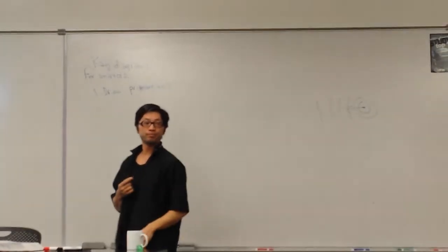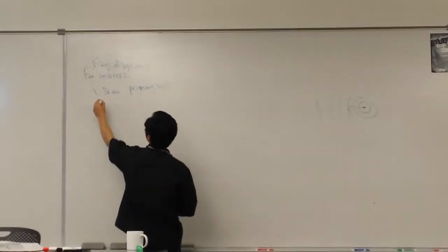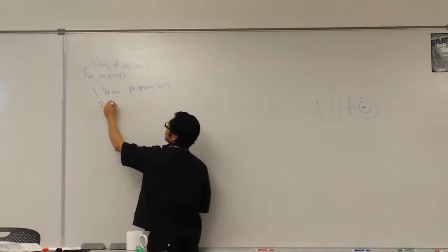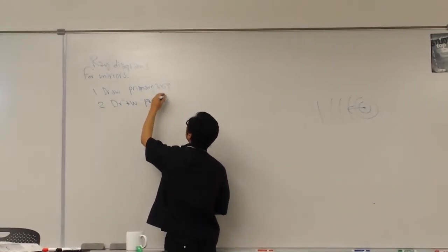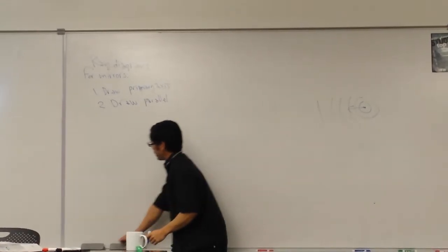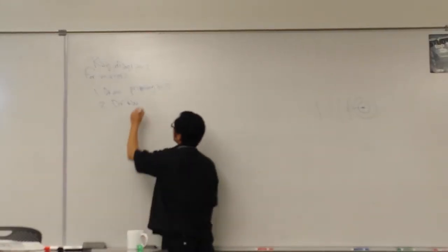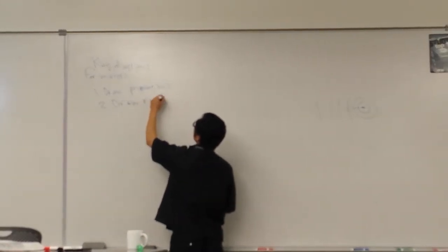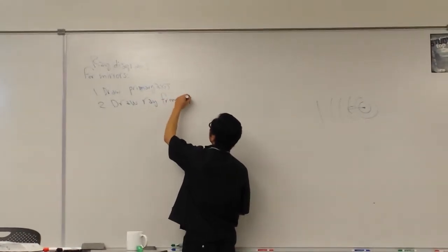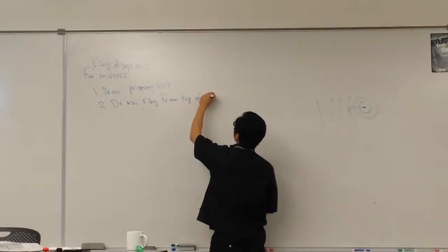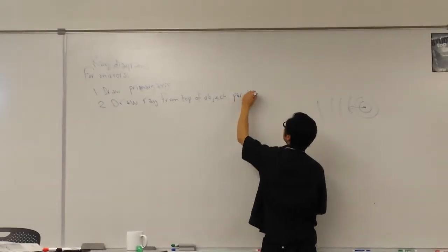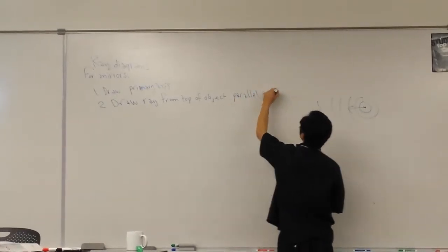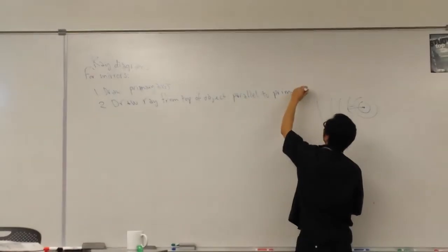First step we want to do. Number 2. Draw a ray from the top of the object parallel to the primary axis.